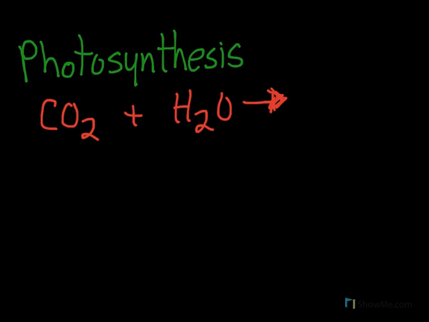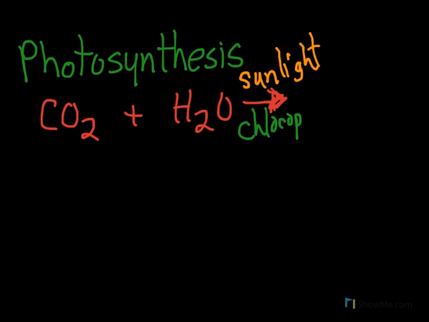We're going to put sunlight over the arrow. So sunlight and chlorophyll being that green pigment that absorbs the energy. And then we're going to have glucose.